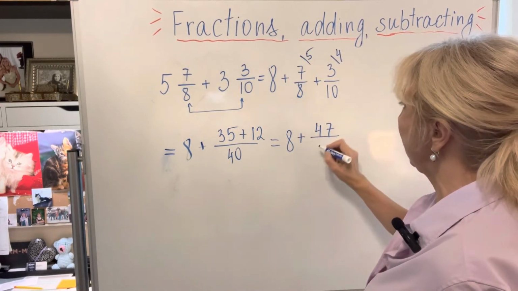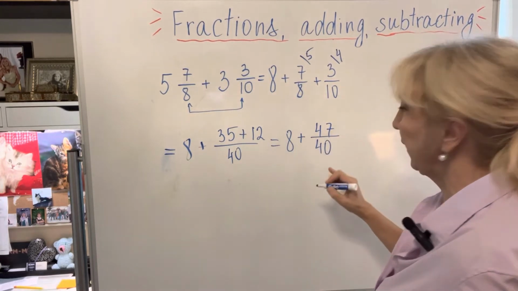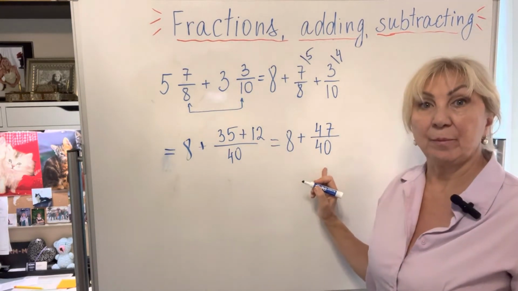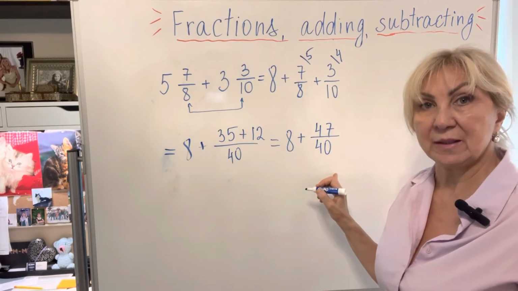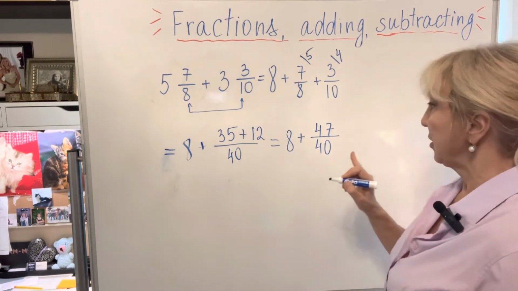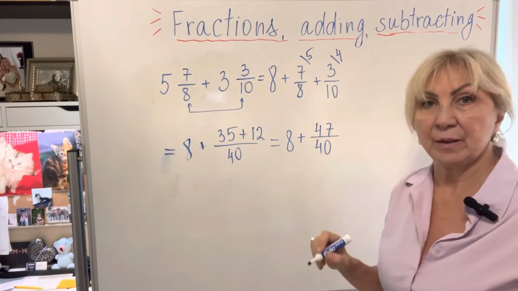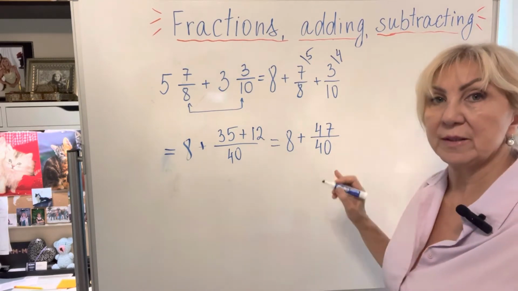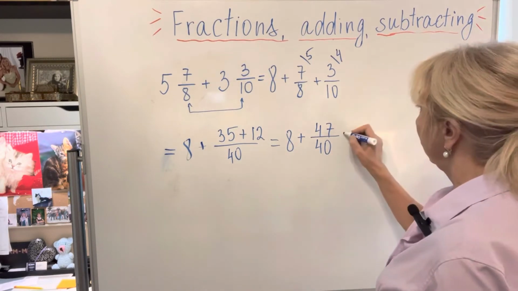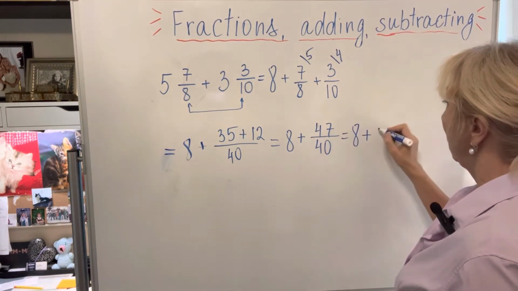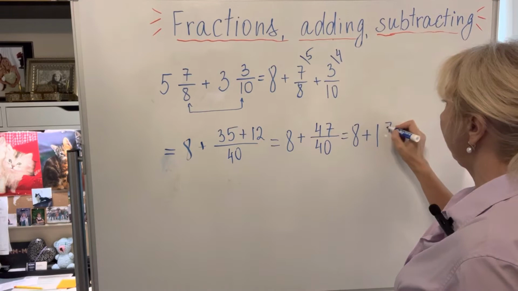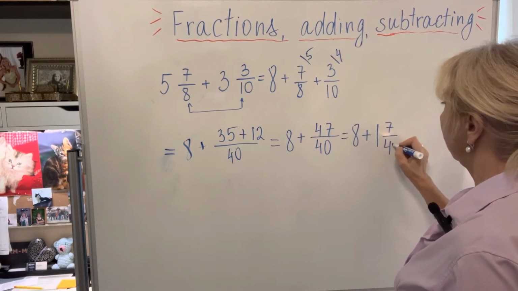At this step we get an improper fraction, so we need to convert it to a mixed number. 47 over 40 is 1 and 7/40.